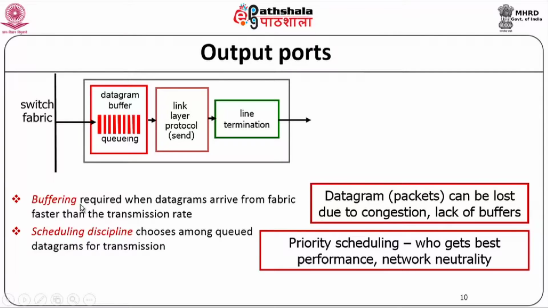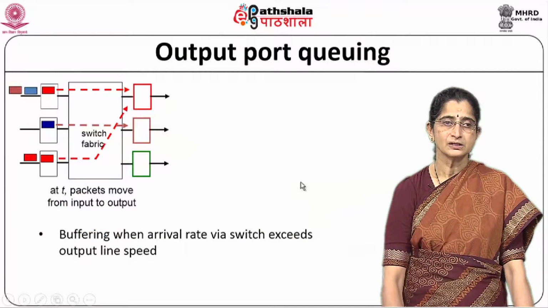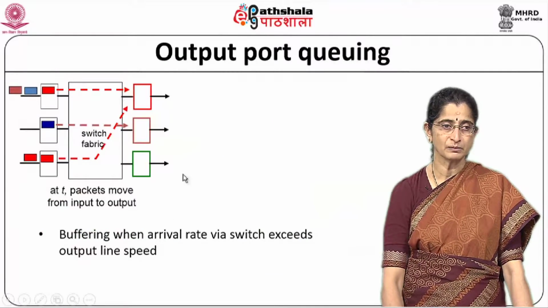Normally what we are worried about here is what should be the size of the buffer, so that you can avoid congestion. People study a lot the rate at which packets are coming in and how much buffer is required in order to avoid congestion.